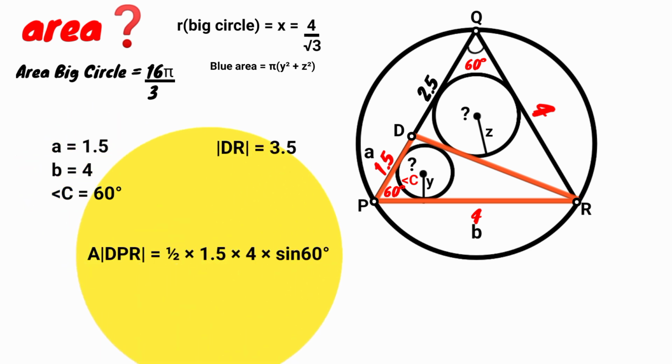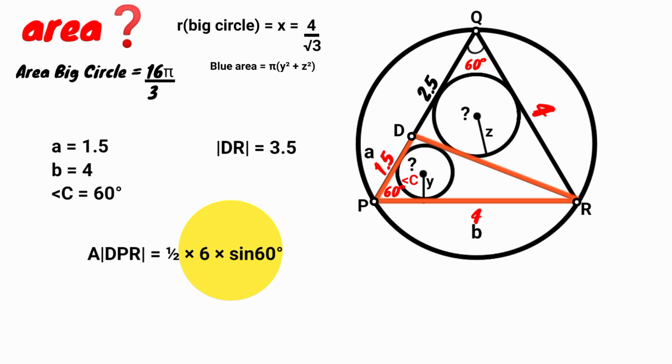Substitute it here. Now area of triangle DPR equal to 1 over 2 times 1.5 times 4 sin 60 degrees. 1.5 times 4 is 6. 1 over 2 times 6 is 3. Sin 60 degrees is root 3 over 2. 3 times root 3 over 2 is 3 root 3 over 2. So area of triangle DPR equal to 3 root 3 over 2.